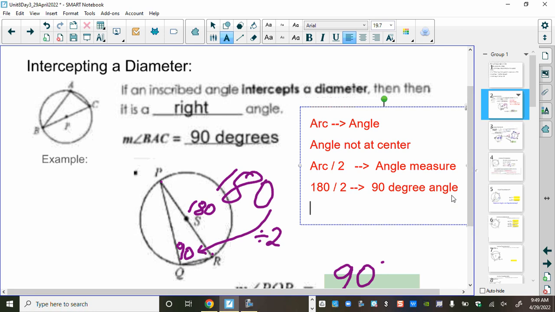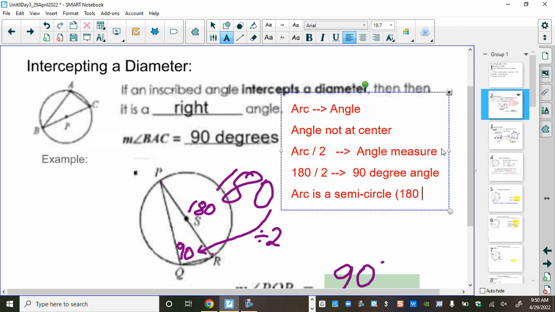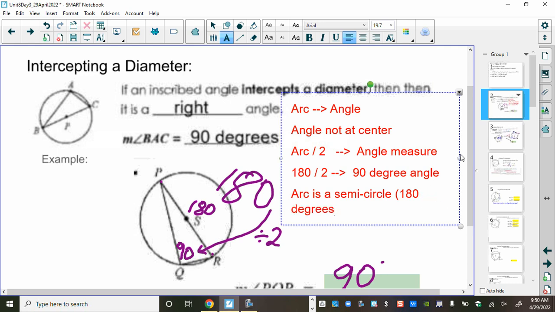Again, the arc is a semicircle. That's where we get the 180 degrees. So these are just little tidbits, facts. So I think that's where we stopped. So we had this problem right here.